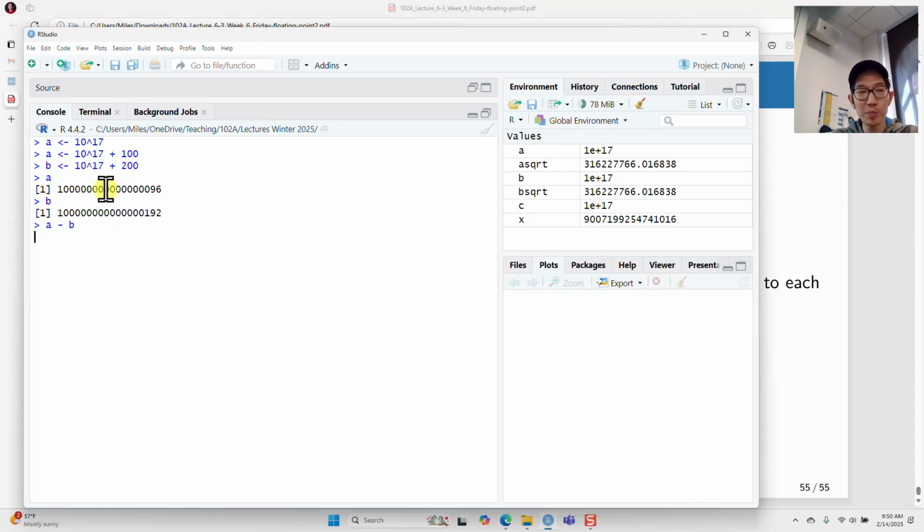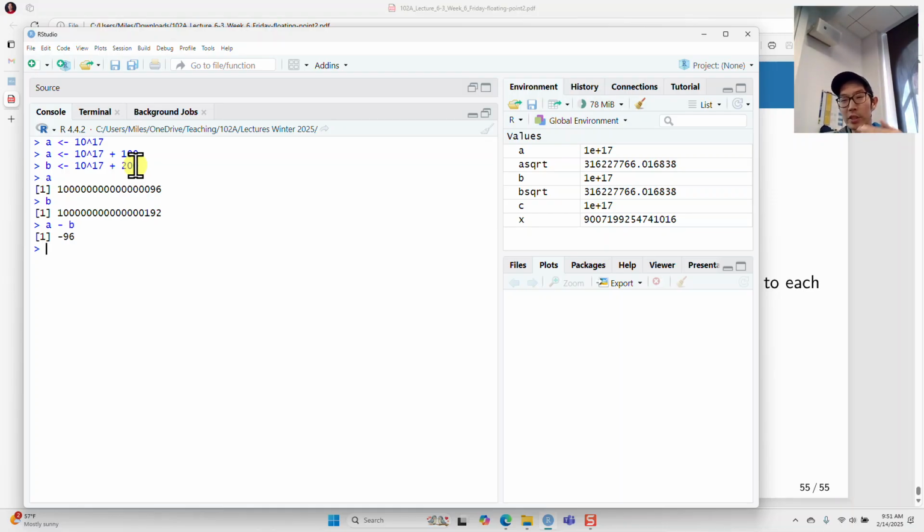But if I do A minus B, that difference is going to be 96. The true difference is 100. Okay, the true difference should be 100, but the estimated difference here is 96. So we're off by 4%. Whereas the relative difference between the two values themselves is like 1 over 10 to the 15 or something, a really small percentage difference that is almost negligible and you don't really care about.